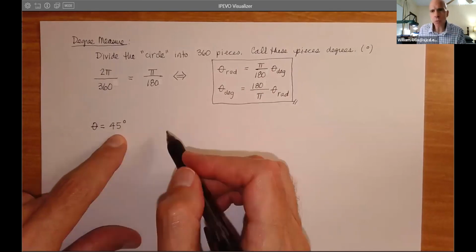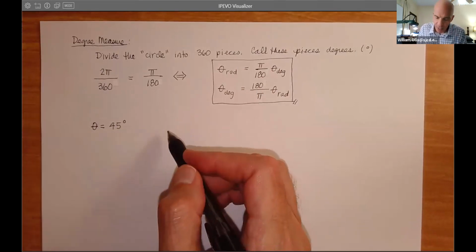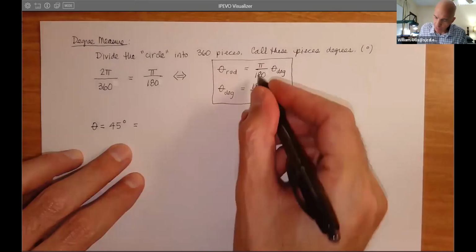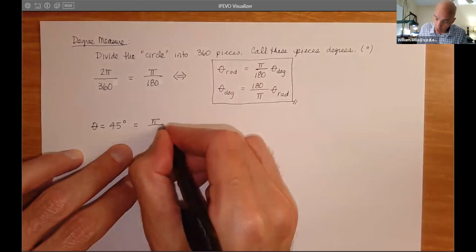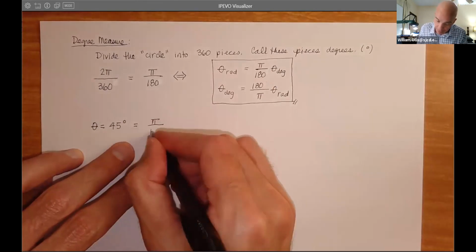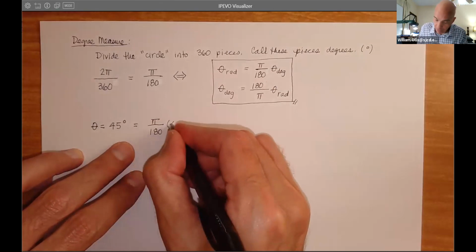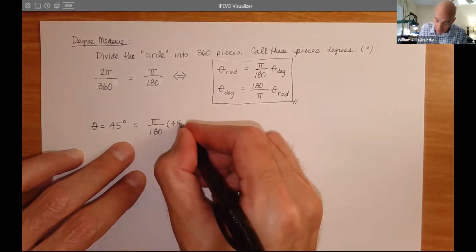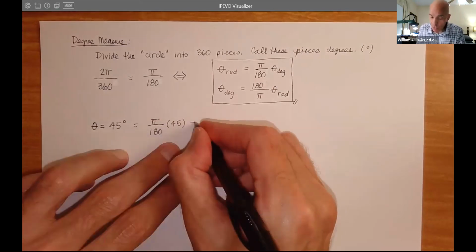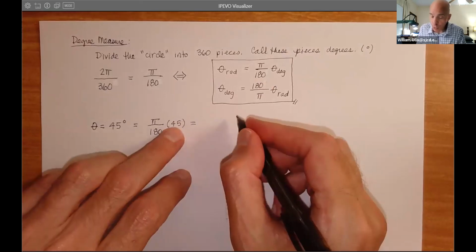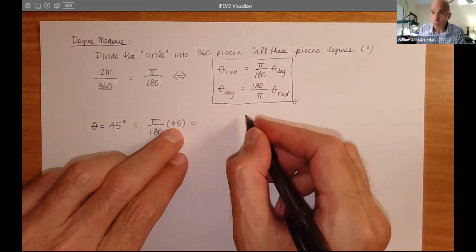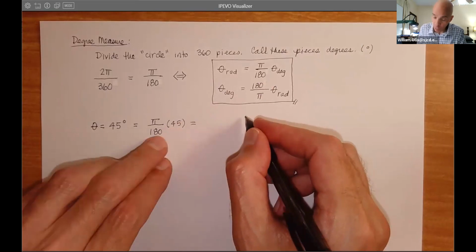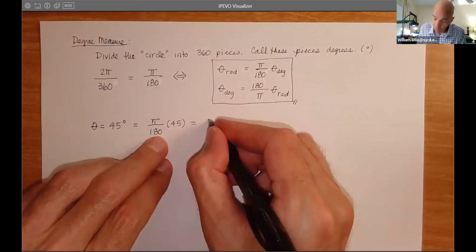And then you can say, oh, well, I need to do an arc length calculation. Then you can say, well, I'll just do my conversion factor into radians. So this will be pi over 180 times 45. 4 times 5 is 20, and 4 times 40 is 160, so 45 divides 180 4 times, and you get pi over 4.